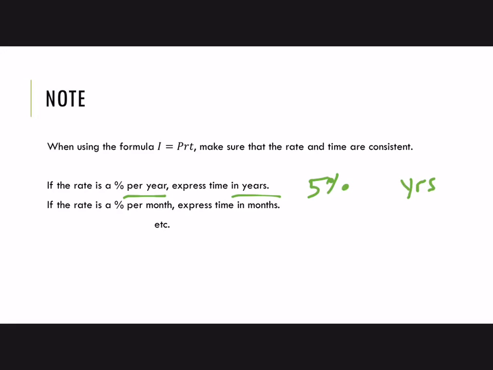If the rate is a percent per month, express the time in months. Okay, and so forth. If it's a daily rate, express the time in days. So what we need to do sometimes is make some conversions. We can convert either the time or the percent so that they both match. And typically I'll always convert the time, but if you want to convert the percentage, that would work just as well.